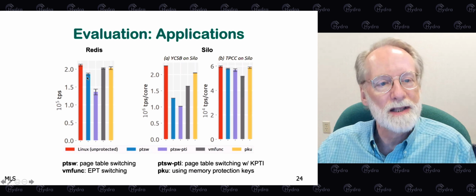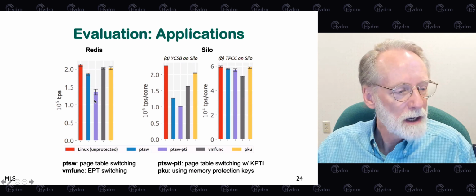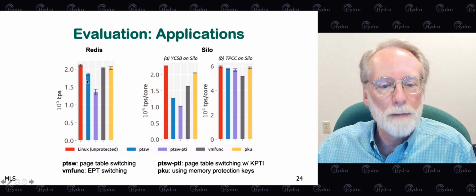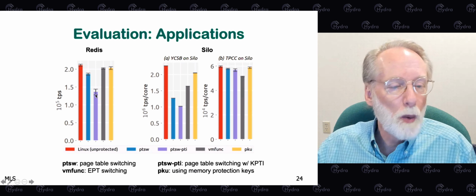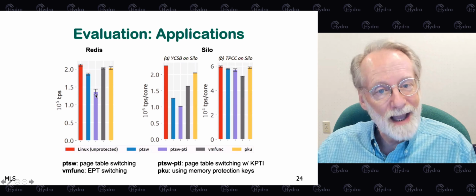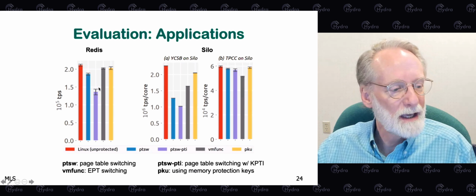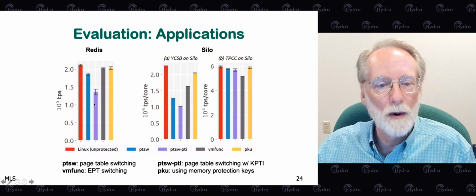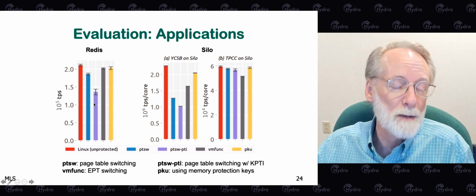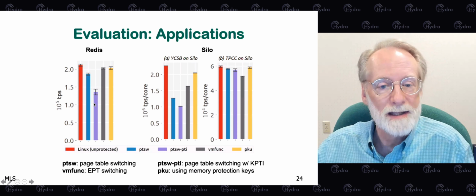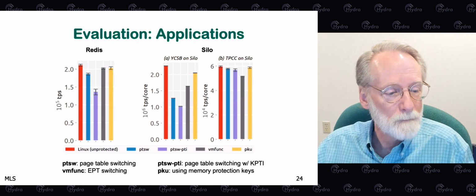Page table switching is a little bit lower performance. That's the sort of royal blue second bar. Page table switching with page table isolation for Meltdown mitigation is substantially slower, because going into the kernel to switch page tables is more expensive in a system that does page table isolation.